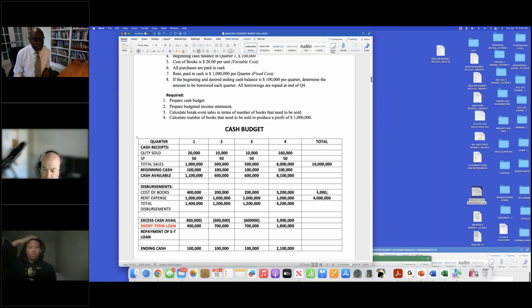Now we're doing the income statement. And so our net income is going to be roughly what? $2 million. Because we had 100,000 in the bank, that's why the cash is 2,100,000, but we made 2 million. But you can't make this 2 million if you have not prepared this cash budget and this income statement and showed the bank how you're gonna make this.